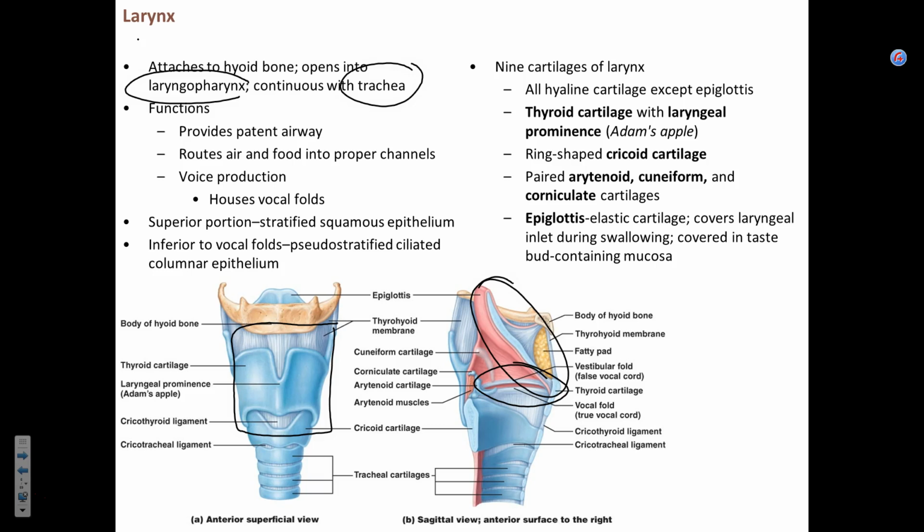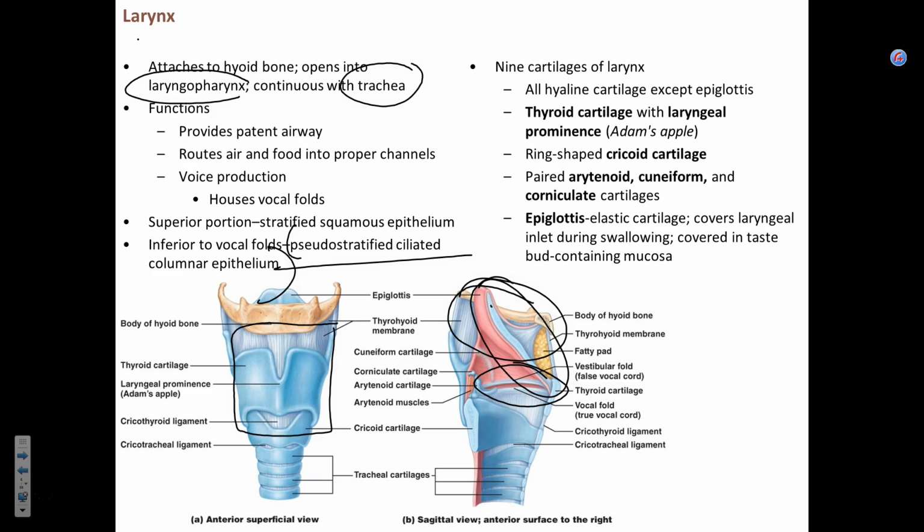So the upper portion of the larynx, basically about here, is stratified squamous epithelium because it can come in contact with food and so on, right? But then when you move lower, it turns back into the pseudostratified ciliated epithelium, which makes perfect sense because you have a mucous membrane there, you need cilia.